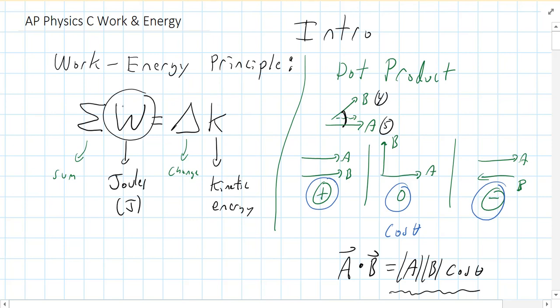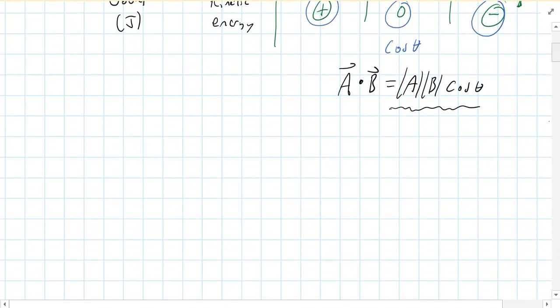Pushes and pulls provide work. And the equation for that work, and you would have done something like this last year too, the work done by any individual force is force dot, now notice it's not just times, it's dot, I'll make a note of that, dot delta R.